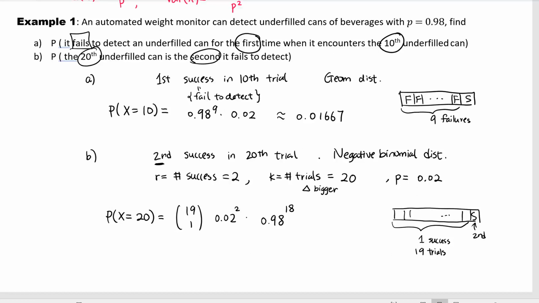So 19 choose 1 is 19, and then we have 0.02 squared times 0.98 to the 18. Please try to plug this in your calculator. Okay, and then we got 0.00528.